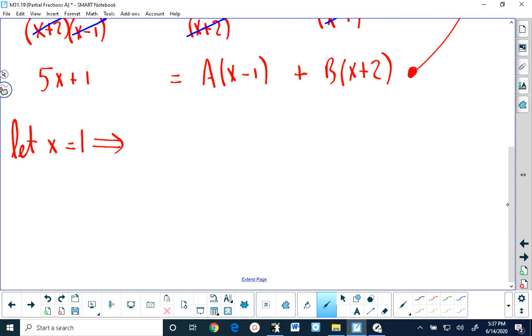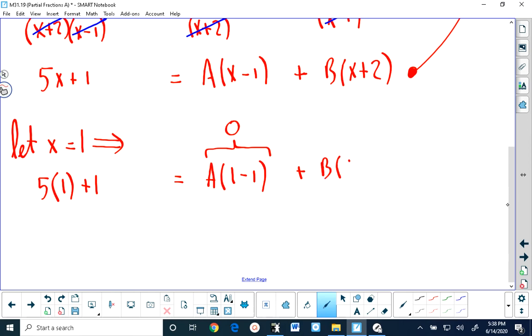Well, if I let x equal 1, then I'm going to have on the left-hand side 5 times 1 plus 1. And on the right-hand side, I'm going to have A, and then in brackets, I'll have 1 minus 1. This is why I'm choosing x equals 1. Because if I do choose x equals 1, this entire term becomes 0. On the other hand, with the second term, I'm going to have B and then multiplied by 1 plus 2. This is going to leave me with an equation that I can use to solve for B.